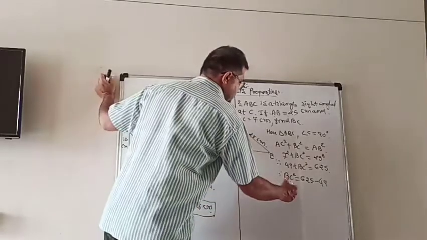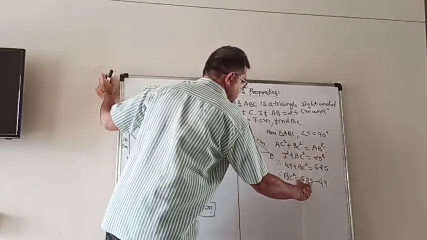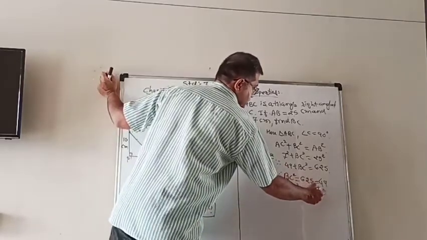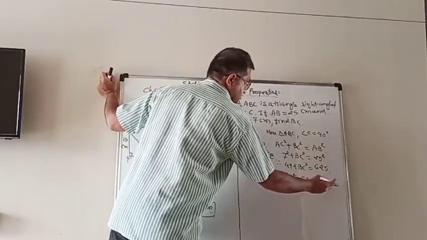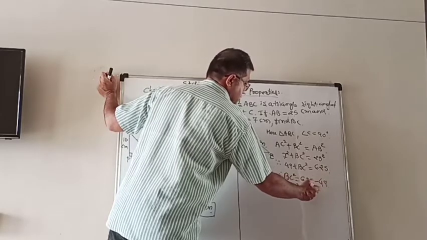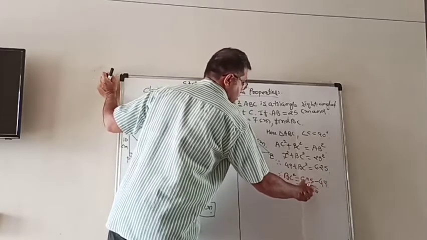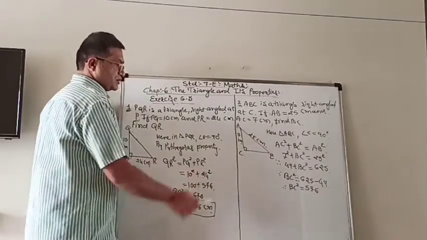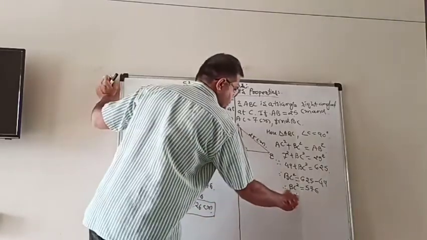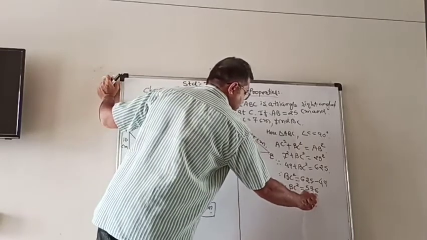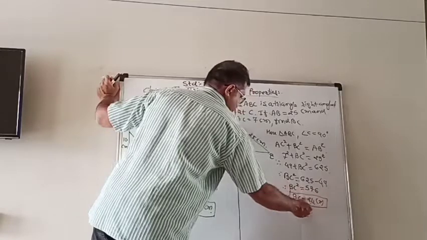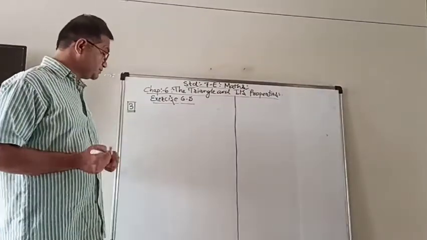Now do the subtraction. We get 576. We know that 576 is the square of 24. Therefore, BC is equal to 24 centimeter.